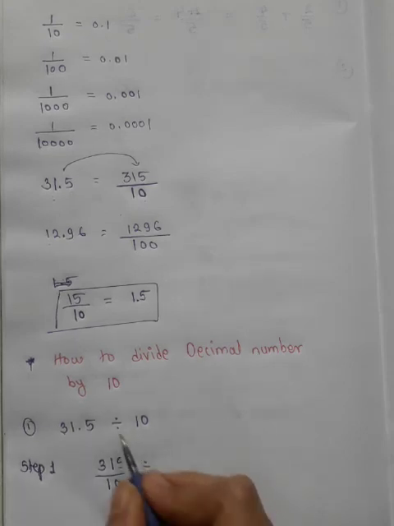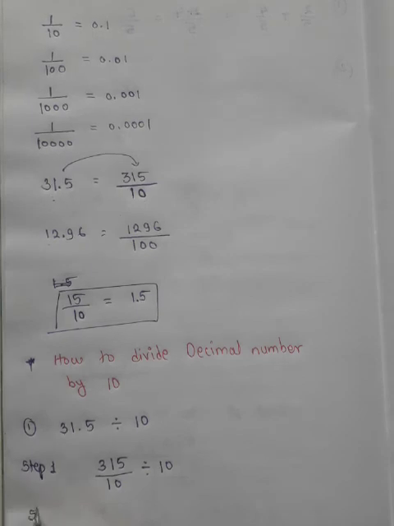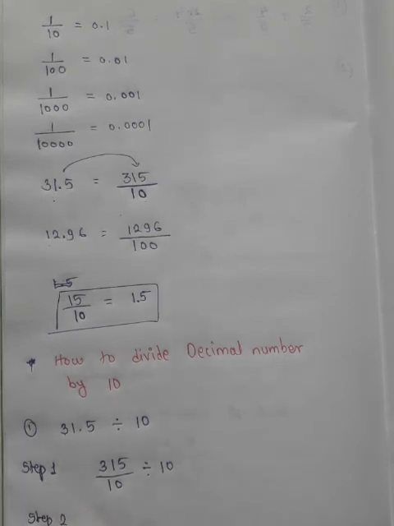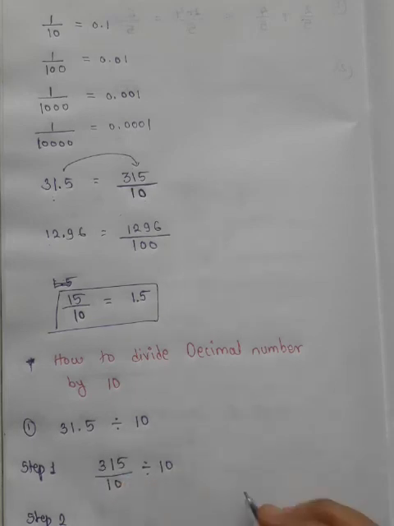Now the division sign stays as it is and 10 stays as it is. Now what is step 2? In the fraction topic, we have discussed how to divide any fraction by a whole number.